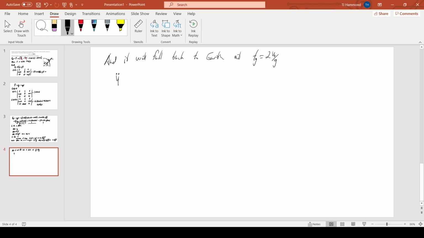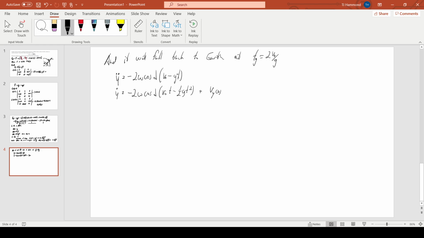So we do the same thing. We have y double dot equal to negative 2 omega cos lambda (v naught minus gt), and y dot then is negative 2 omega cos lambda (v naught t minus 1/2 g t squared), because we're of course integrating, plus v of y at 0.